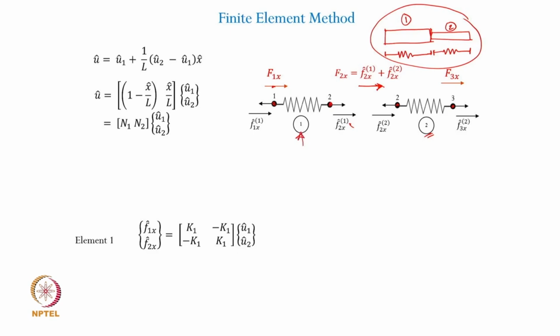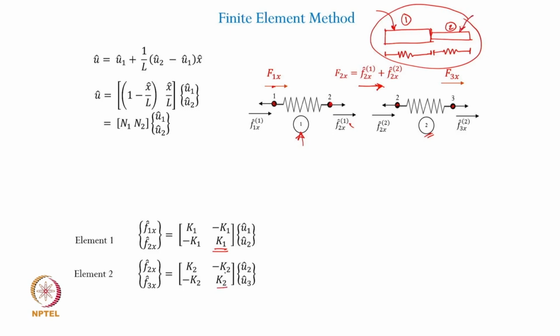So, if we do that, we already have defined the relationship between the nodal degrees of freedom, nodal displacements and nodal forces for element 1 and element 2, individually defined like this. Make a note here that in the element stiffness matrix of element 1, these K will pertain to the characteristic of this particular element, which means that the cross sectional areas could be different, the length could be different, and therefore the stiffness which defines that element will be different than the corresponding stiffness value for the second element.